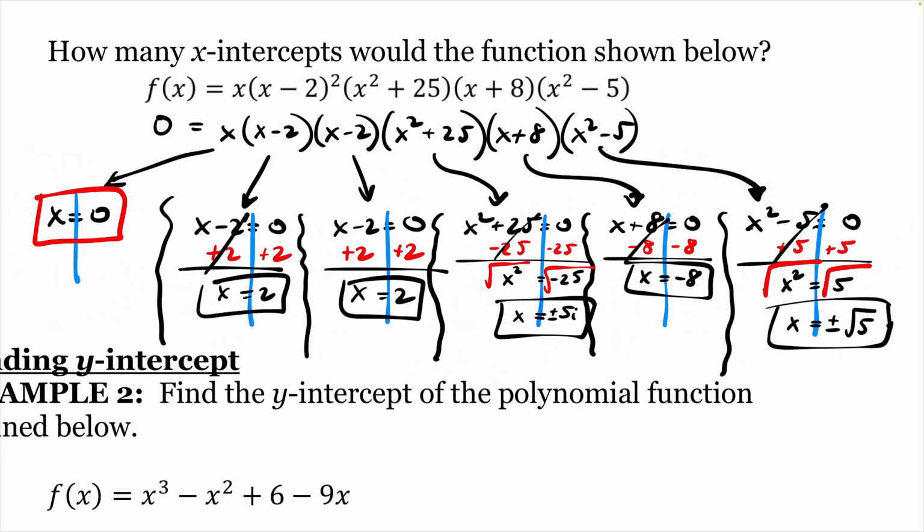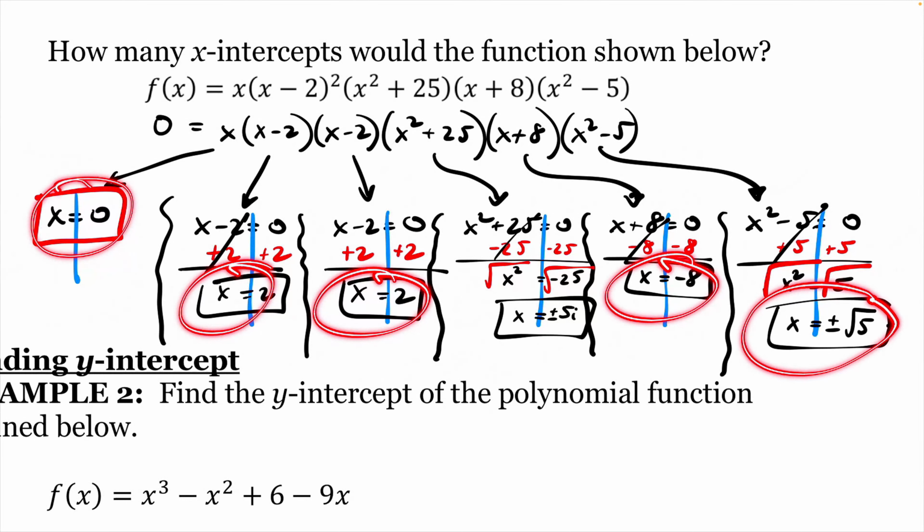0, that's an answer. 2 obviously is an answer. Negative 8 works. How about this guy? Is this guy real? Yeah. Does it have an i in it? No, it's real. It just looks kind of weird, but it's real, right? So how many do I have? I have 1, 2, 3, 4, 5, and 6.